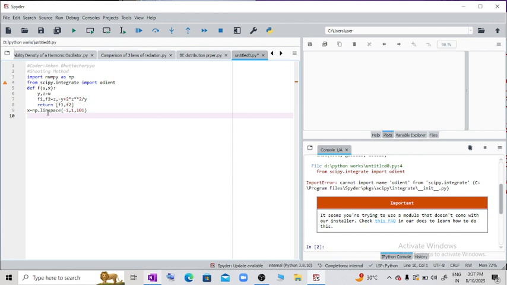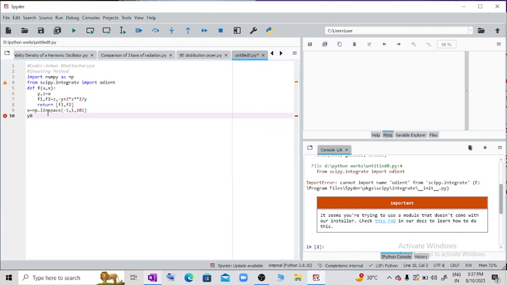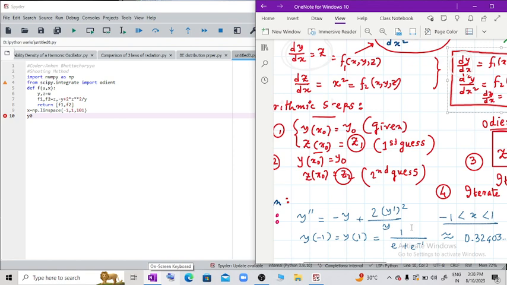Next we have to define the initial value of y, which is given in the question: y0, the initial value of y, is 1 divided by e plus e inverse.